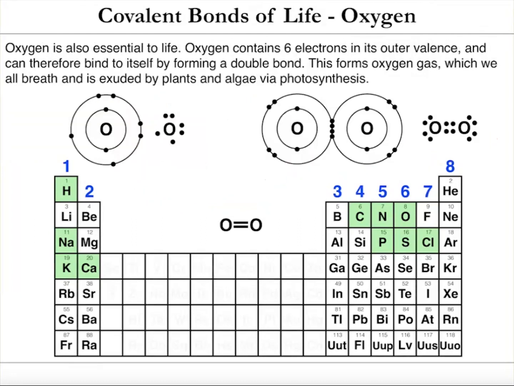And so the next atom that's really important for life is, of course, oxygen. Oxygen is also essential to living beings. Now, oxygen is right here in the 6th column of the periodic table. So it has 8 electrons.